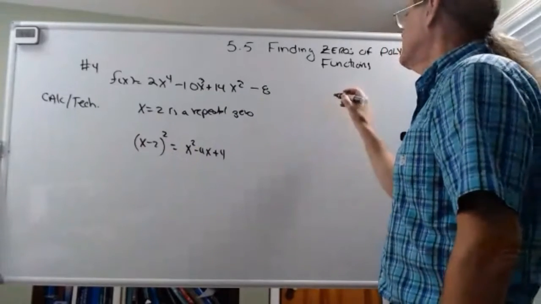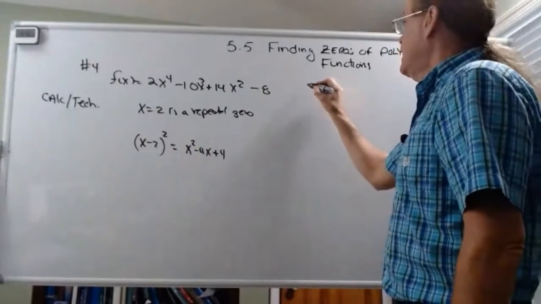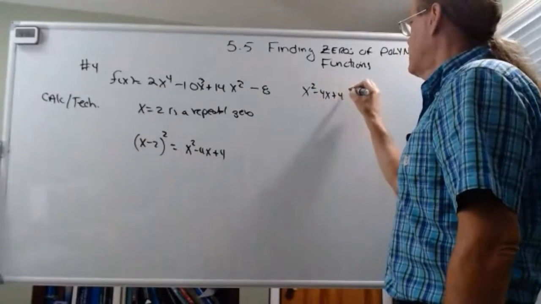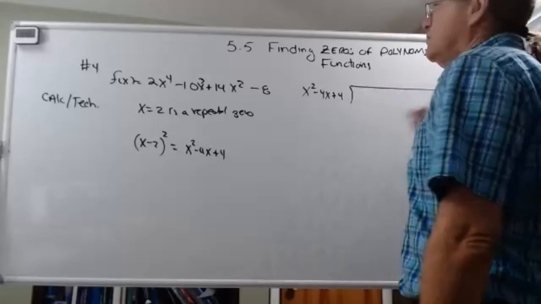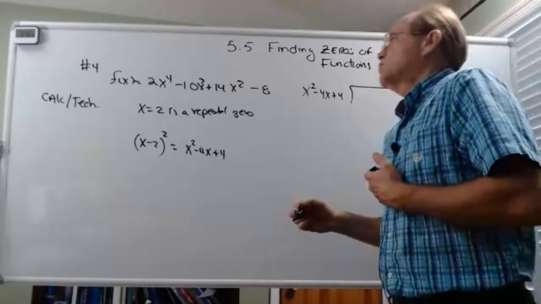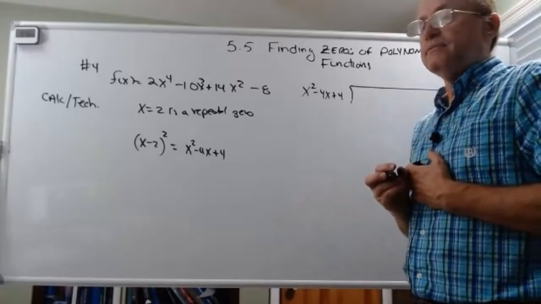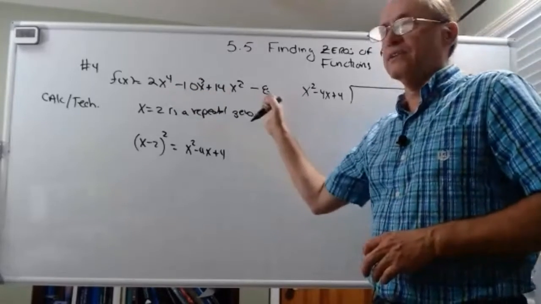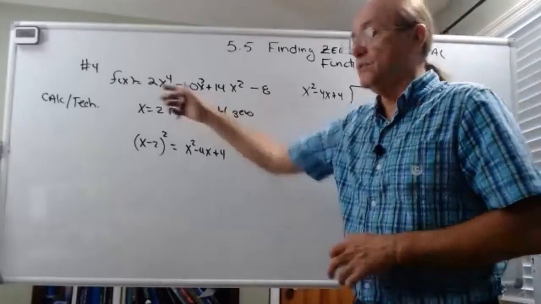So let's take a look at that. I'm going to take my x squared minus 4x plus 4 and divide that into this. Since the coefficients are even, I could pull out 2 as a factor if I wanted to. I just have to remember that that 2 is there.